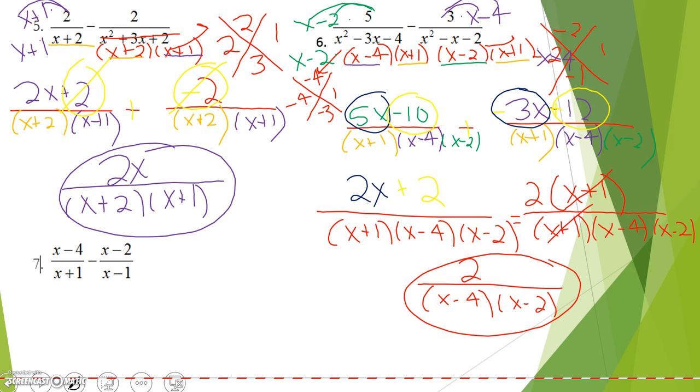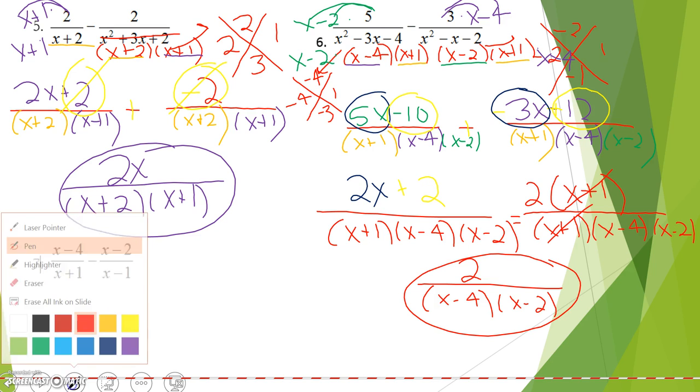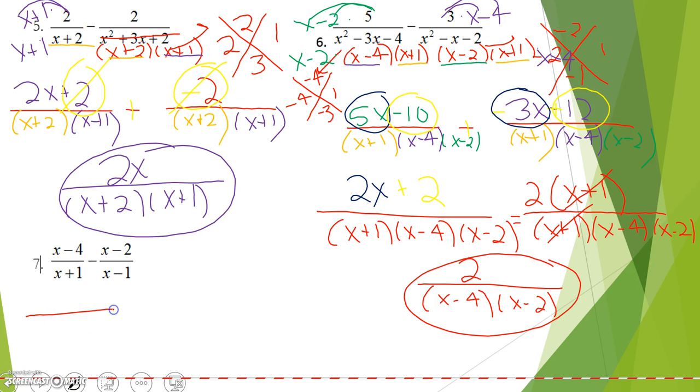All right, last one. So these have two different binomials. There's nothing I can multiply them by to get the same thing. So I'm just going to bring both of them down. So x plus 1 is going to come down, and x minus 1.